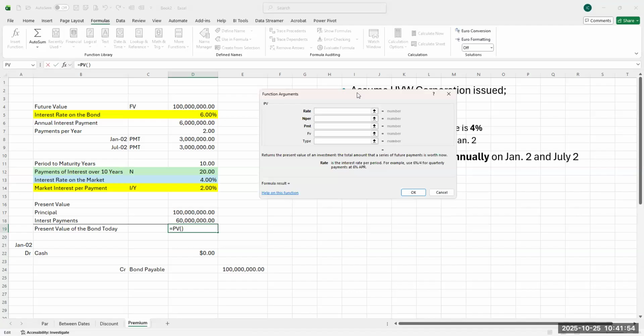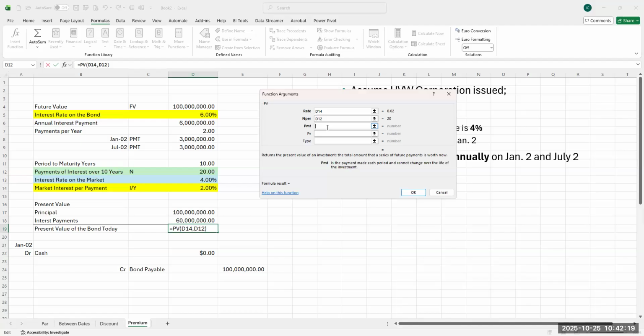Once we get to the PV, we start asking the questions. Rate is the rate of each payment that we're making, which is 2%. N is the number of periods over the life of the bonds times the payments that we're making per year, which is 20.